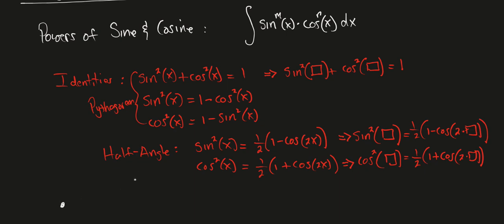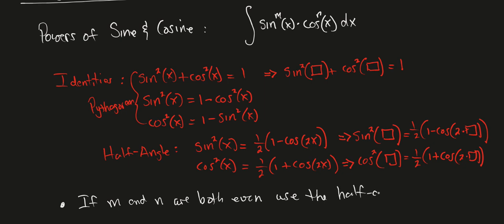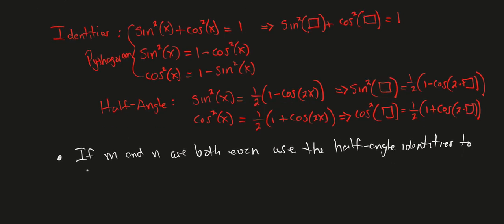So if m and n are both even, then we're going to make use of the half angle identities, right, to reduce the powers on both sine and cosine, right?